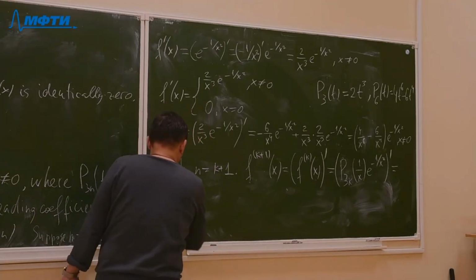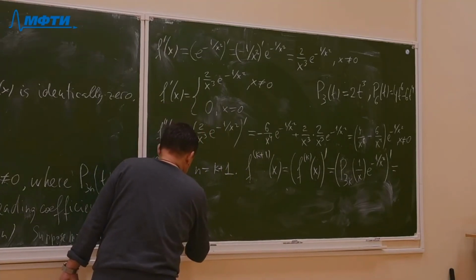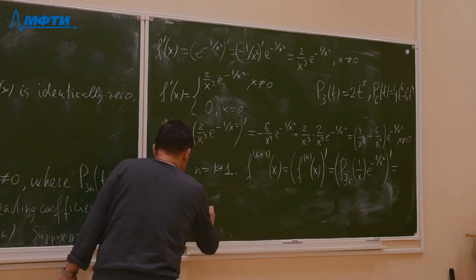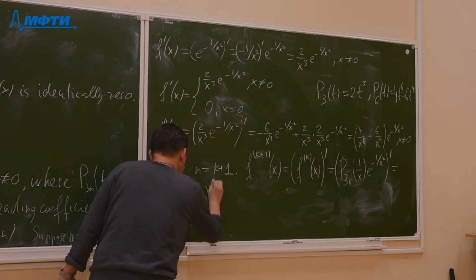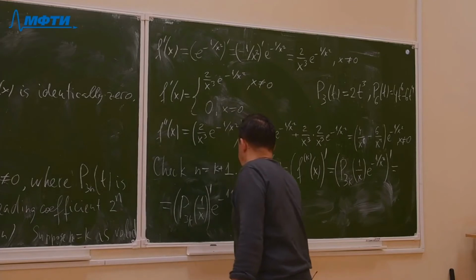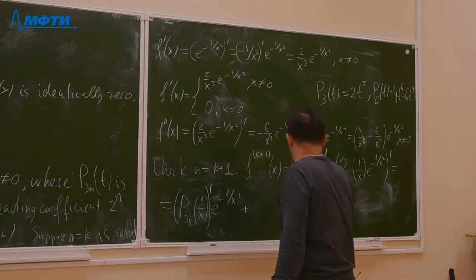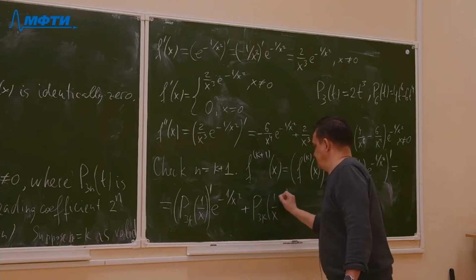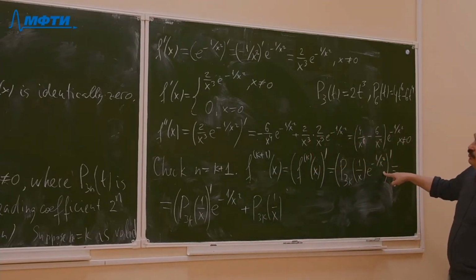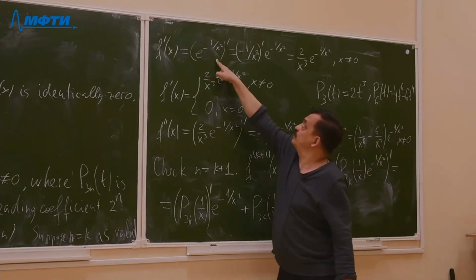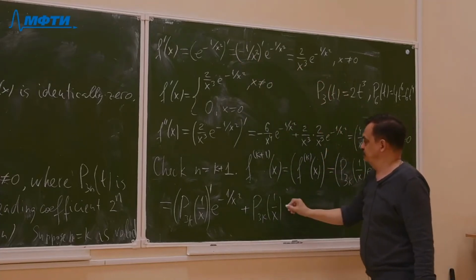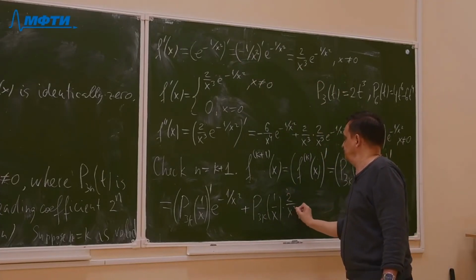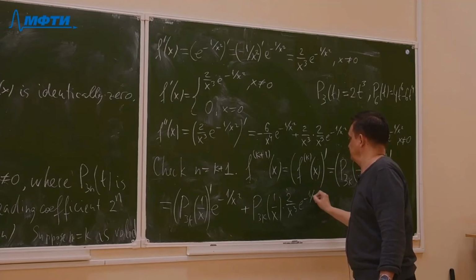So I need to differentiate the first term times the exponent, plus P3k of 1 over x times the derivative of the exponent, which I computed: 2 over x cubed times e to the power minus 1 over x squared.